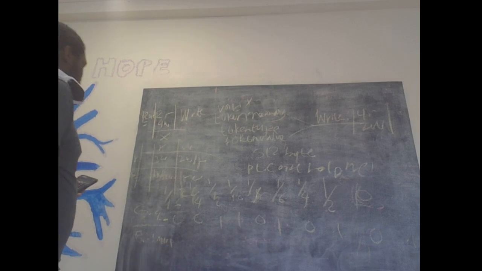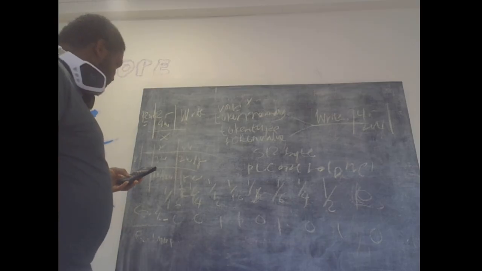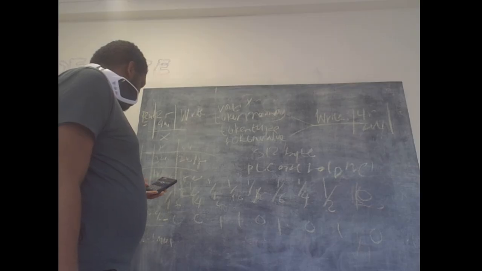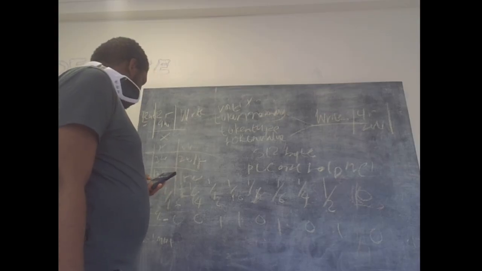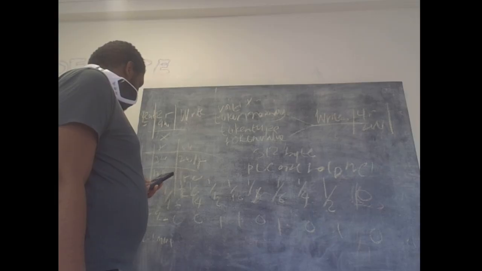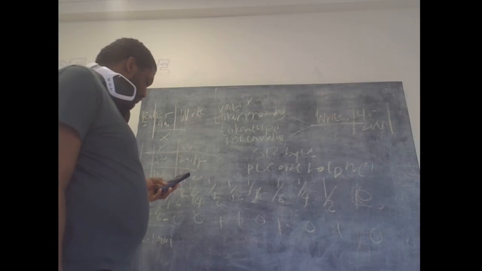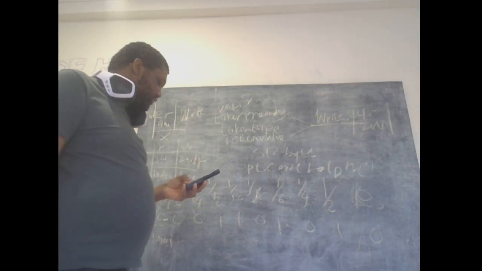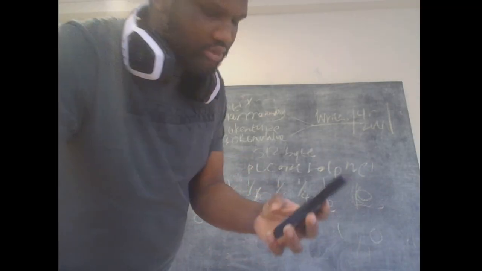But this is 0.1. You can have 1 divided by 16 plus 1 divided by 12 plus 1 divided by 14 plus 1 divided by 10 plus 1 divided by 8 plus 1 divided by 6 plus 1 divided by 4 plus 1 divided by 2, which is 1.4.